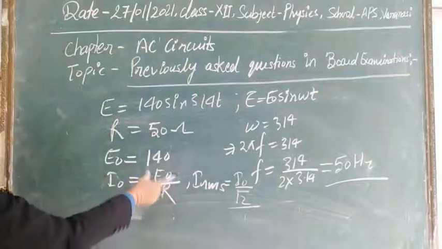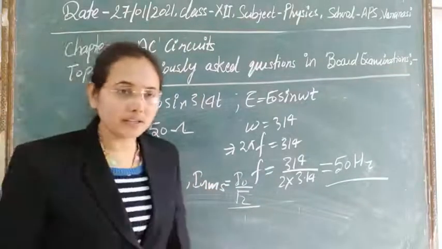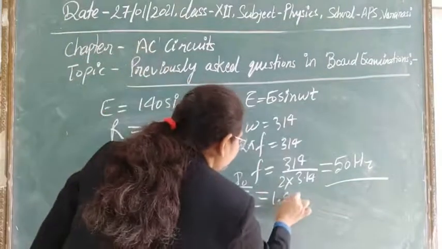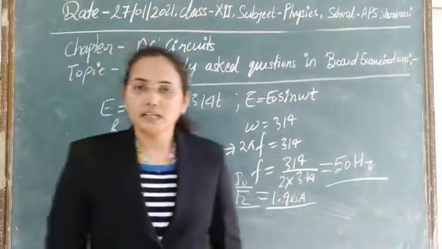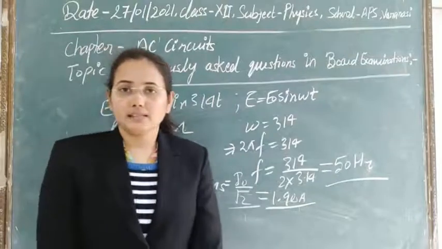We have I0 as E0 by R, and dividing by root 2, if we solve it, its value is equal to 9.8 amperes. So these are the basic questions asked on this topic, the instantaneous value of current and voltage.